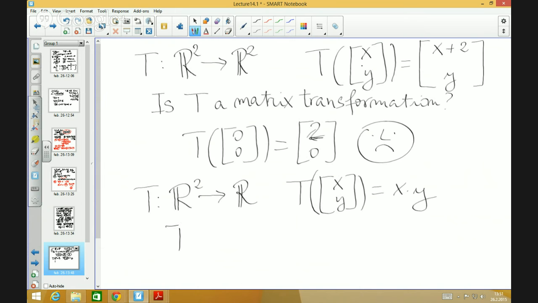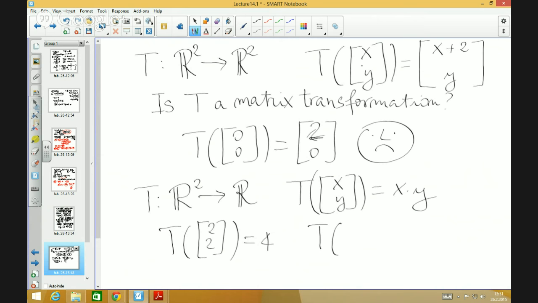So let's see. Your colleague is saying, let's see what T does to the vector (2, 2). The result is 4, because it's 2 times 2.